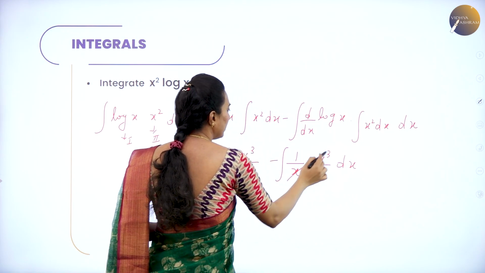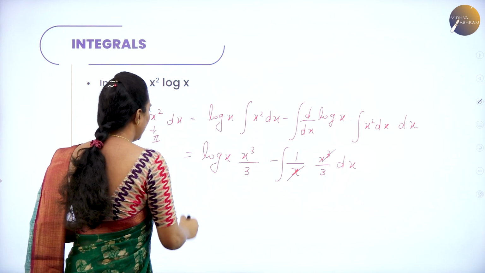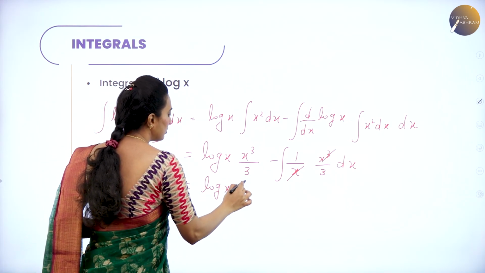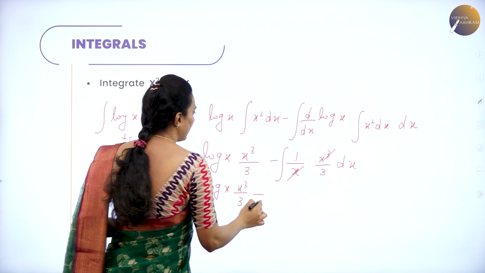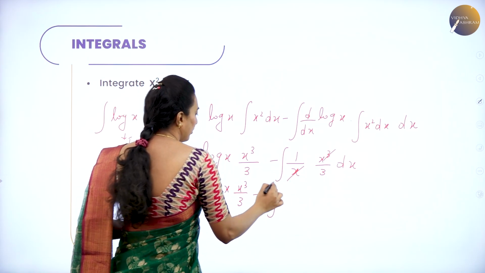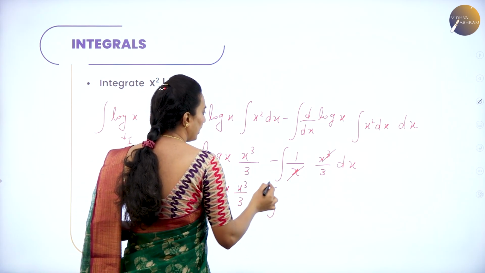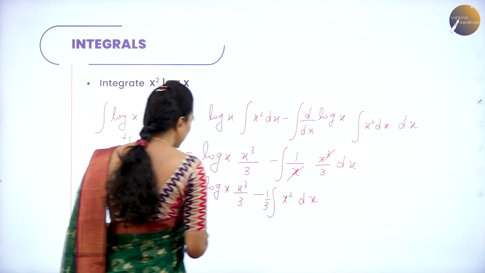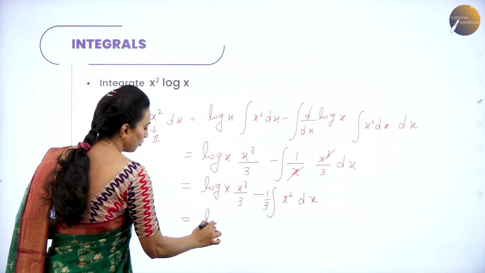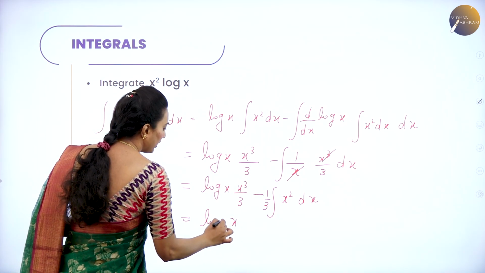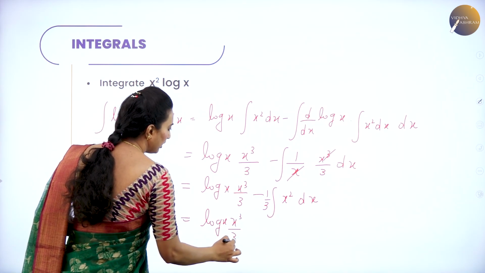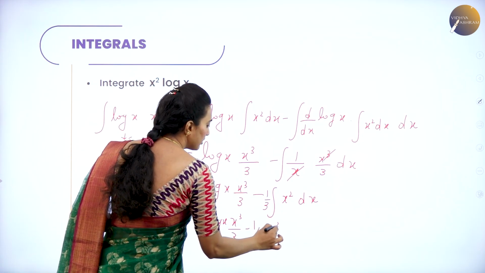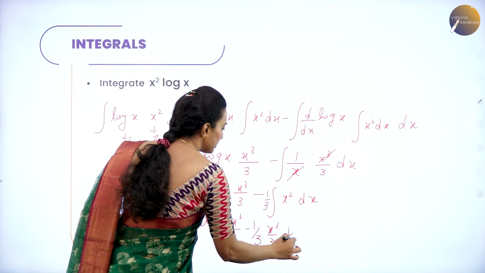Now here one term of x cube will get cancelled and remaining is, let me write it here, log x into x cube divided by 3 minus here integral of 1 by 3 will be constant taken outside, so x squared into dx. Now further simplification, it will be giving you log x into x cube divided by 3 minus 1 by 3 into integral of x squared is x cube divided by 3 plus c.